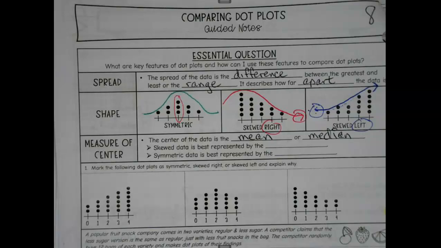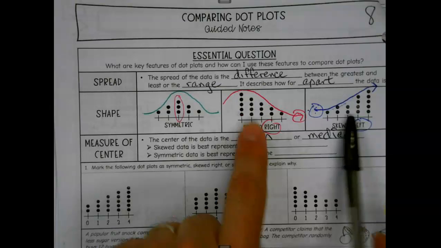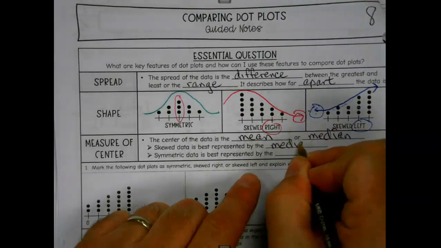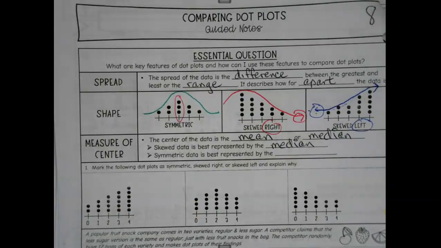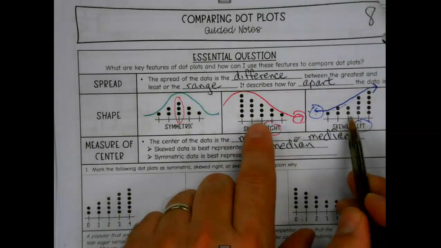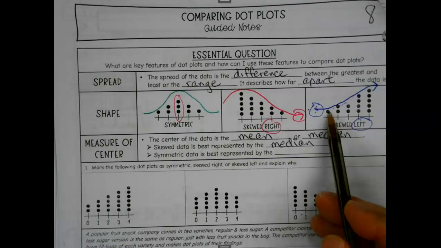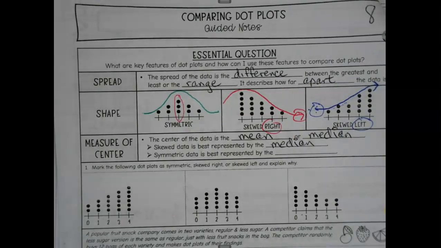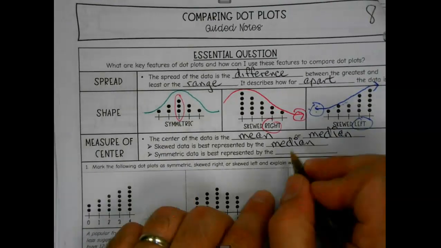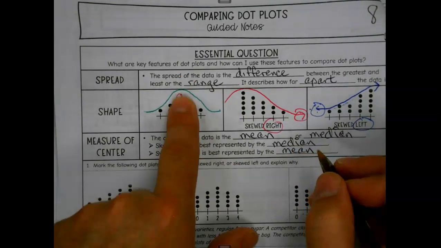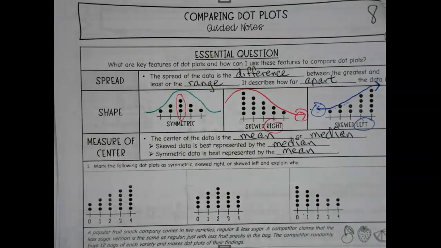So if it's skewed data, the median is going to be our best measure because it's going to find the middle and it's going to find that value, even if there's a weird number way out to the edge, an outlier. But if it's symmetric, okay, this is going to be best done by our mean.